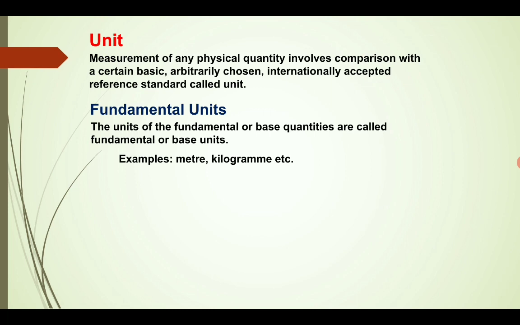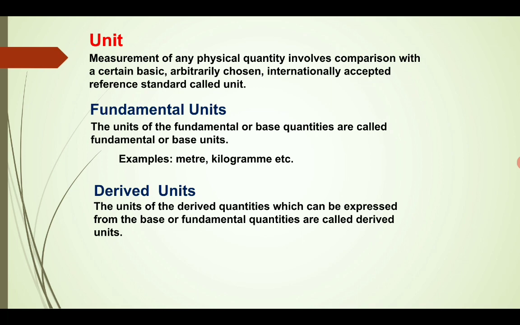Similarly, as the derived quantities are obtained with the help of base quantities, so we are having the derived units as the unit of derived quantity which can be expressed from the base or fundamental quantities, and these are called the derived units.